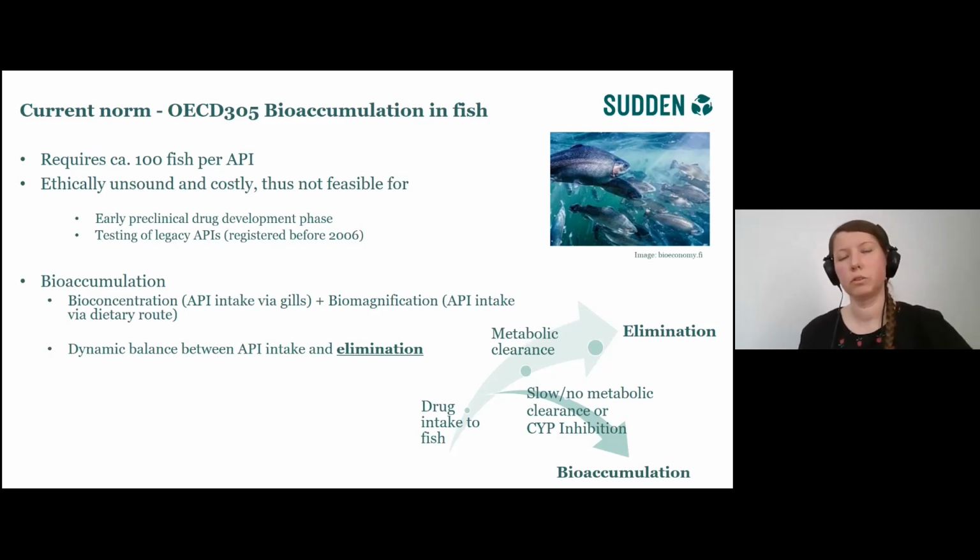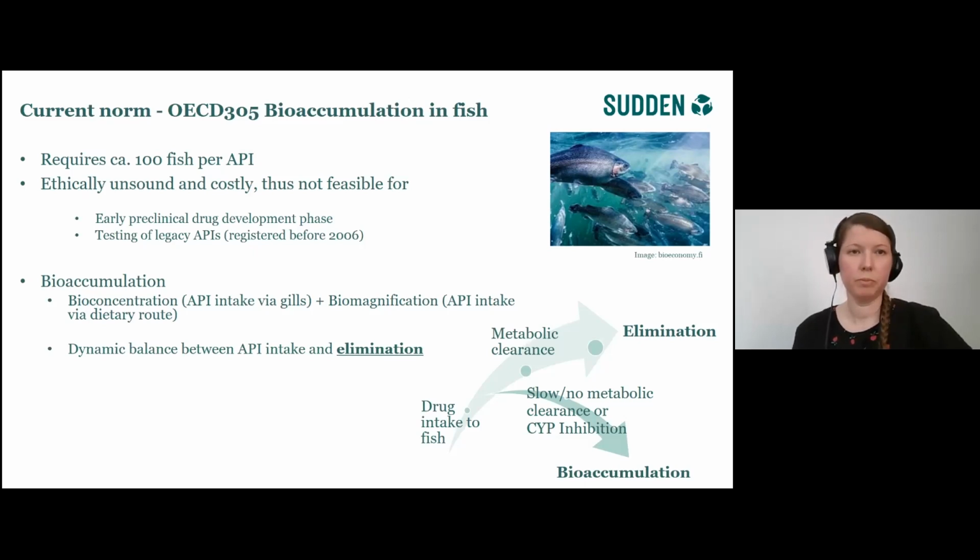So if we want to study other compounds that are already on the market, the legacy APIs, for example, or another set of compounds, for example, in the early preclinical drug development phase, the animal-based models are not the way to proceed.